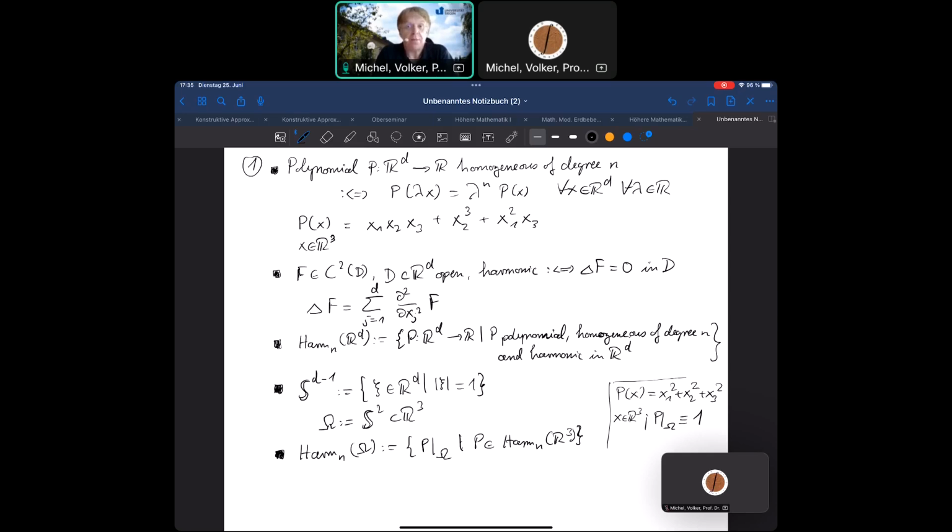So that's one thing, but also for harmonicity, it's important to say that the harmonicity is given in Rd before the restriction because of the Laplace operator. Remember that we require an open set here, and the Laplace operator contains these partial derivatives in every Cartesian direction. And to be able to calculate these derivatives, you need inner points because you must be able to move in every direction of space slightly away from the point where you need the derivative.